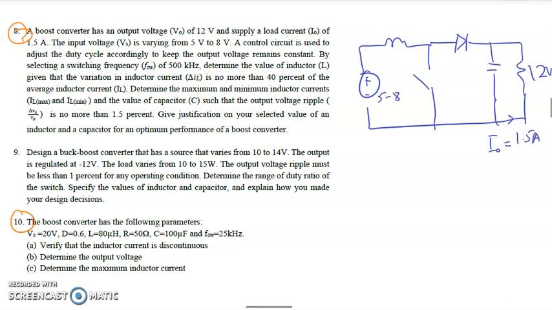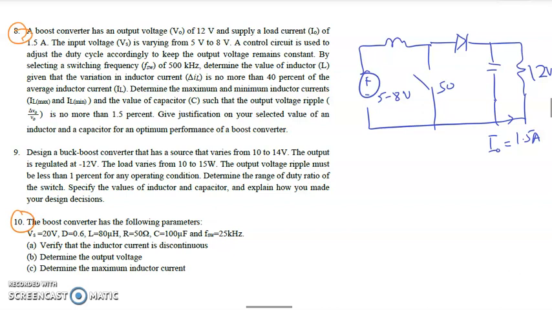And we have a source of 5 volt to 8 volt, a variable source voltage. It means the incoming voltage is expected to vary or fluctuate between 5 and 8 volt. If you have a battery, it may be fully charged at 8 volt, but it will decrease down to 5 volt at certain times.